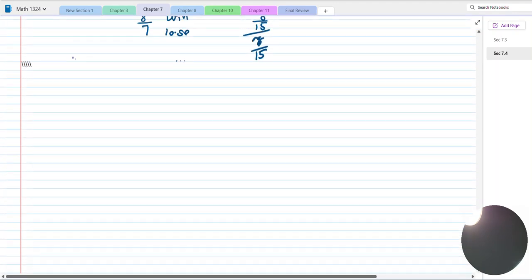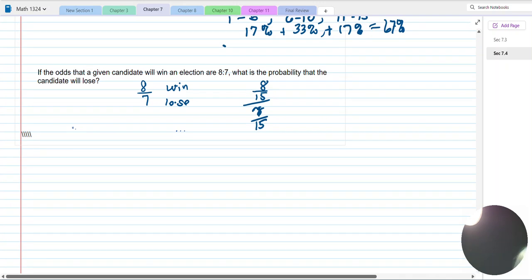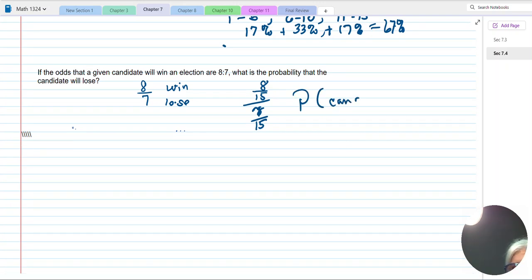Okay, so we know then the probability that the candidate will lose. All right, so we already know that 8 out of 15 is win.